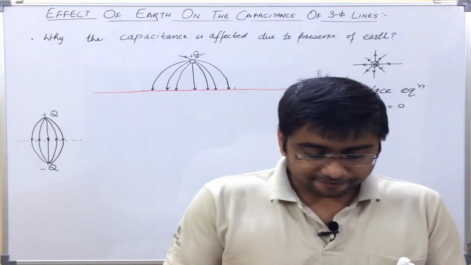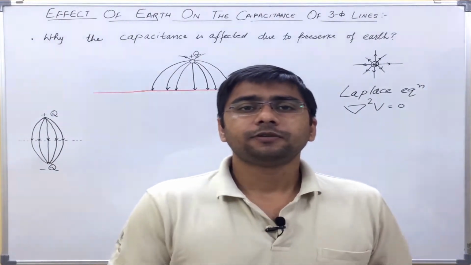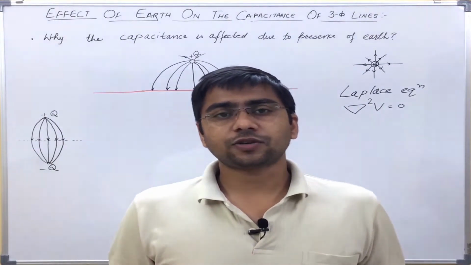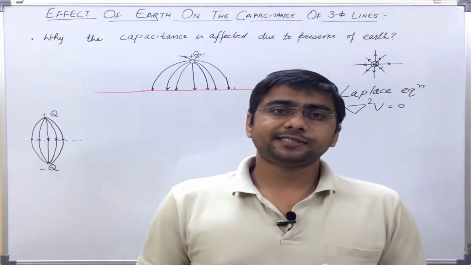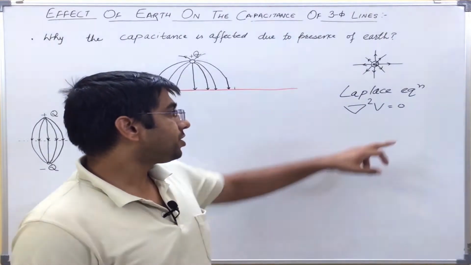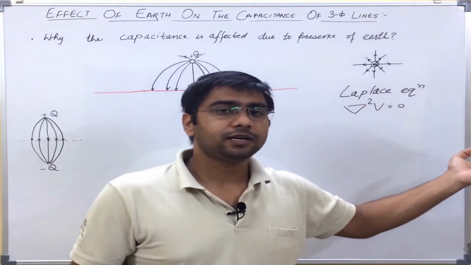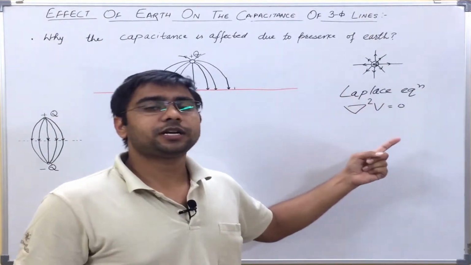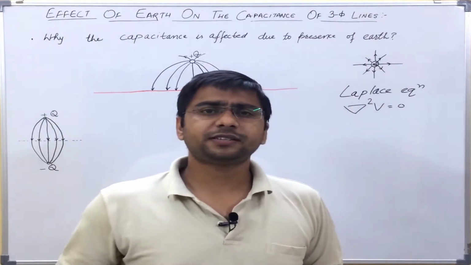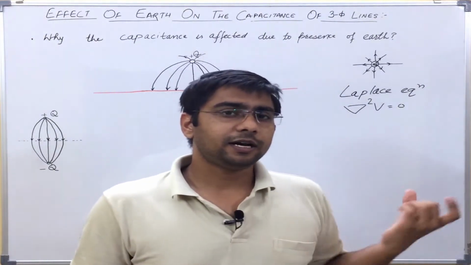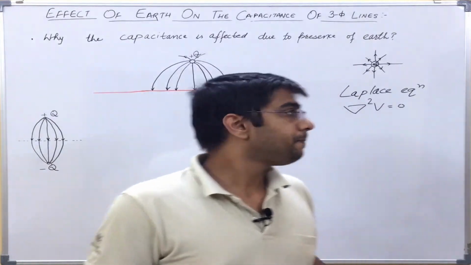Now there is a very fundamental theorem which is usually called the uniqueness theorem, or uniqueness of solution theorem, which states that the solution of Laplace or Poisson's equation, and Laplace equation is a special case of Poisson's equation, which we will see when we study EMFT, but let us see a brief review here.